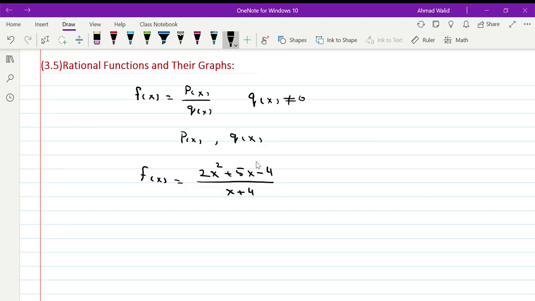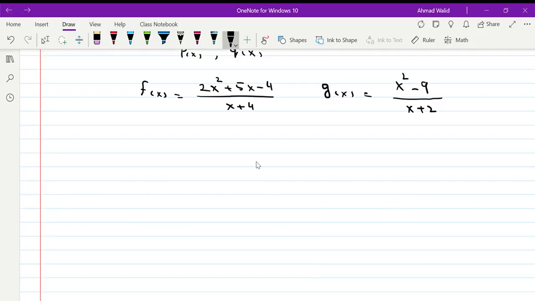And it's a quotient between two functions and we call it rational function. Or, for example, g of x equals x squared minus 9 over x plus 2. We call this function a rational function. Right? P of x and q of x, both of them, they are polynomial functions.